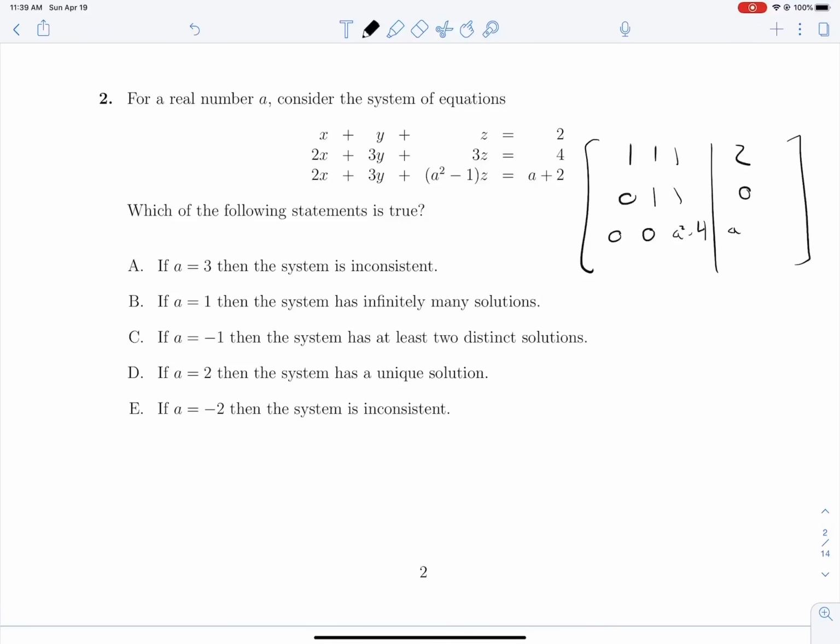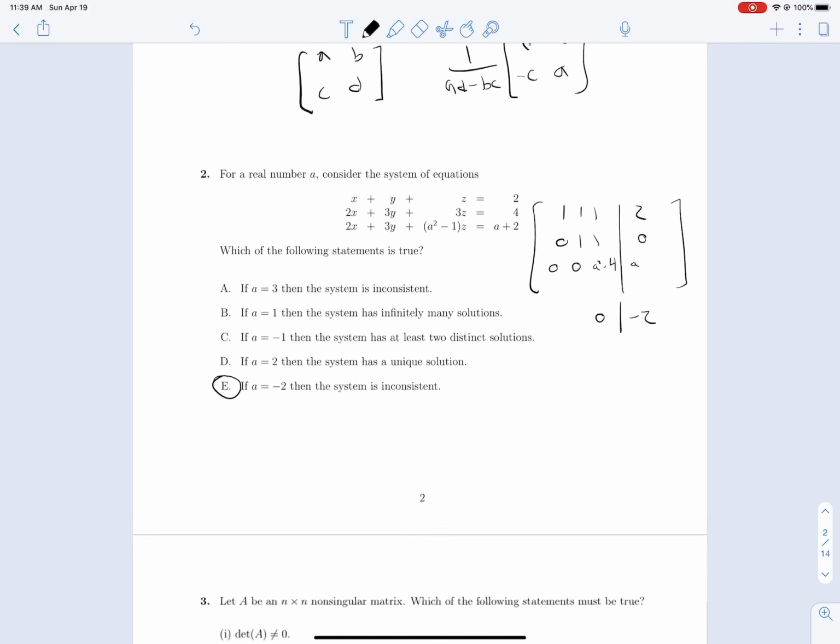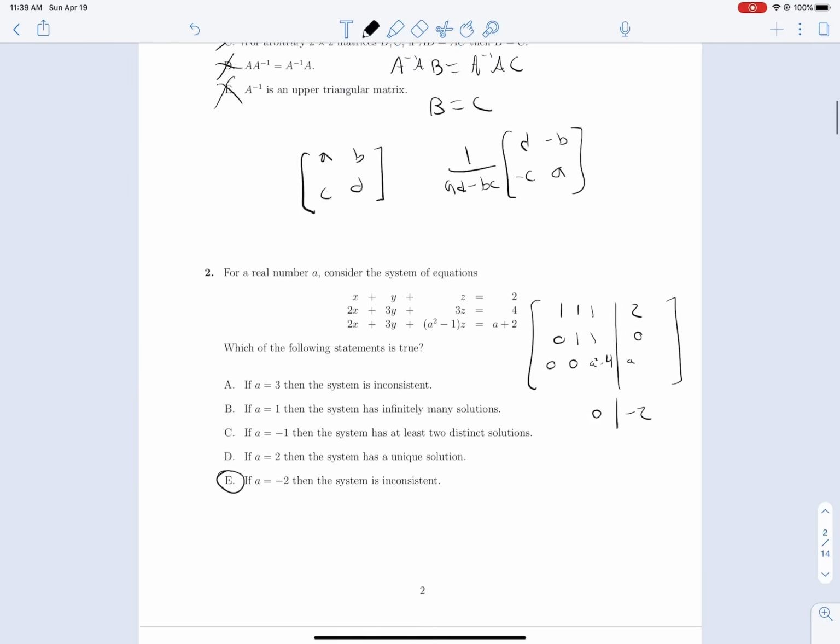And that will lead us pretty quickly to E. If A is equal to -2, then this will be 0 over here and -2 over here. That's saying that 0x plus 0y plus 0z equals -2, which is an inconsistent statement.